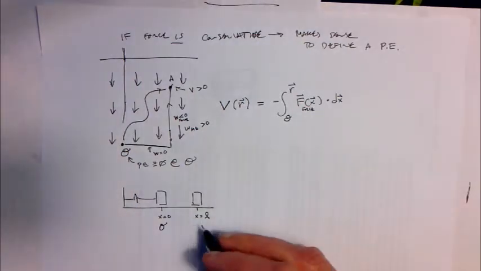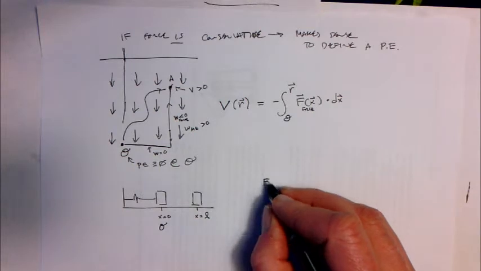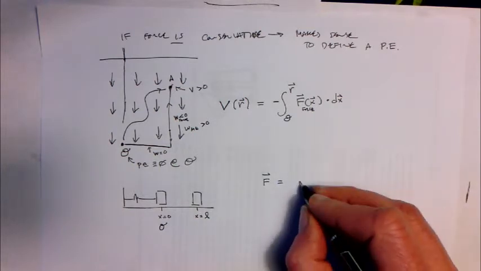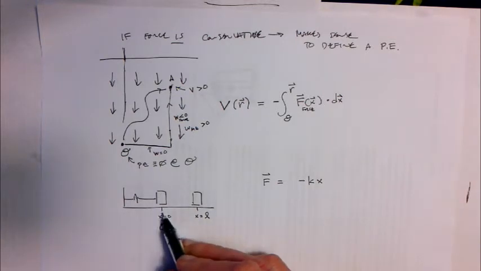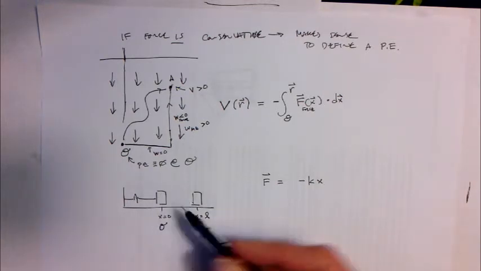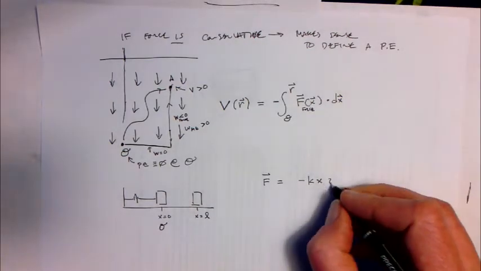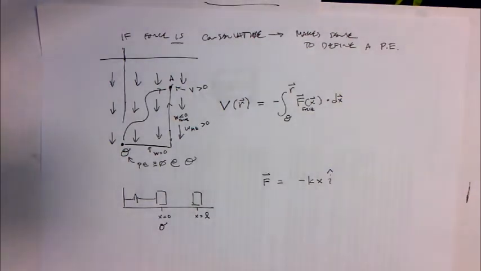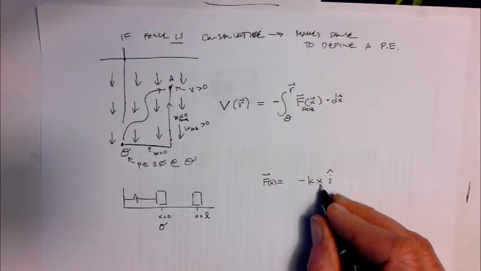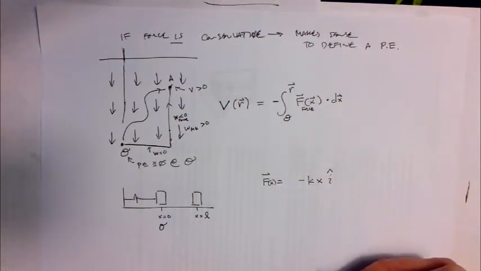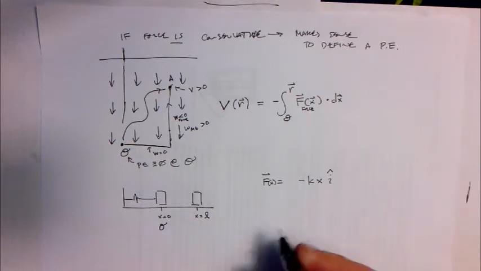Well, the force that the spring is going to exert is simply going to be minus k times x. Because if x equals 0 is the rest length, as I move the spring to the right, the force is going to be to the left. It'll be minus k times x in the i hat direction. And notice that that force does depend only on position, so it looks like it could be a conservative force. In fact, if you think through this, the spring force is a conservative force.